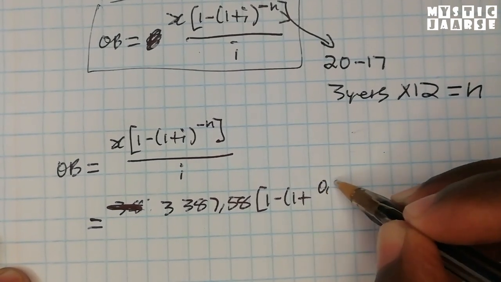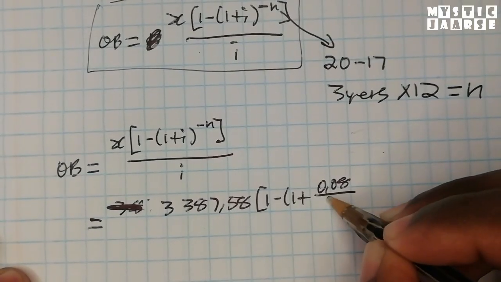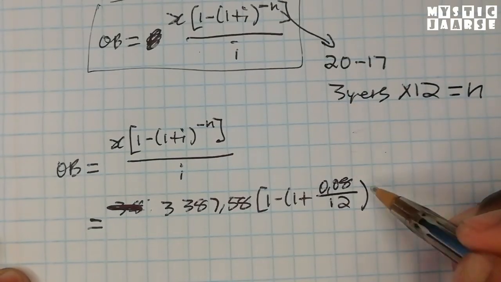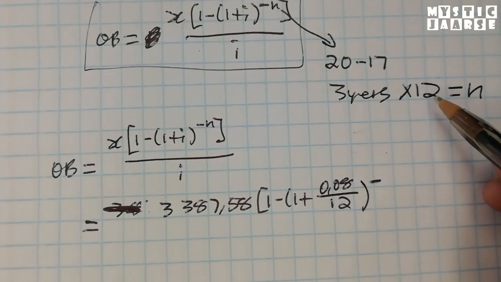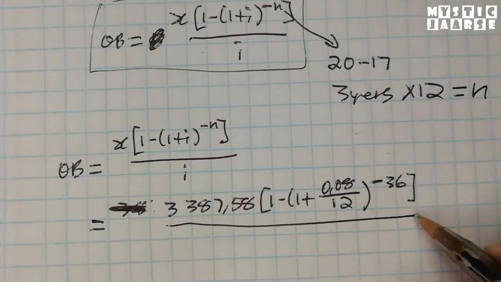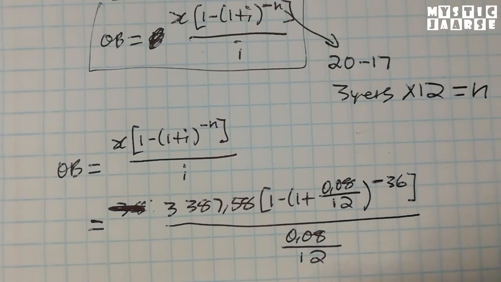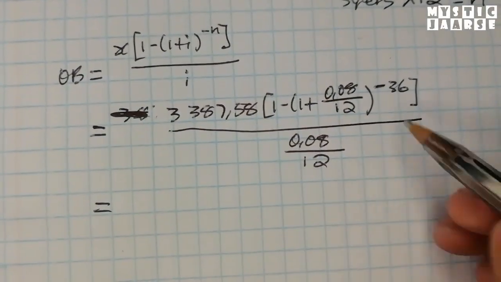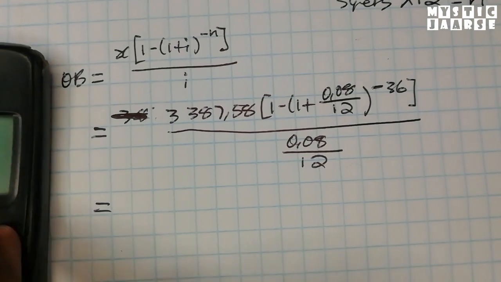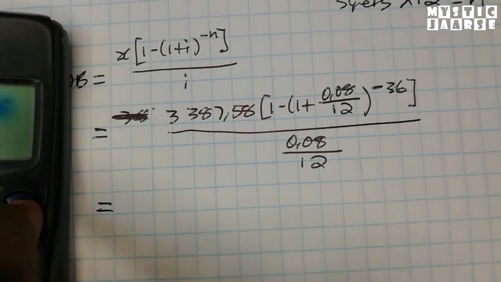So we say 0,08 because it is 8% divided by 100, divided by the compounding frequency, 12, to the power of negative 3 years times 12 months, which is 36. Close, all divided by interest rate as a decimal, 0,08 divided by compounding frequency 12. So we plug this whole thing into a calculator and get the amount of money that Mr. Williams will pay after 17 years to settle the loan.